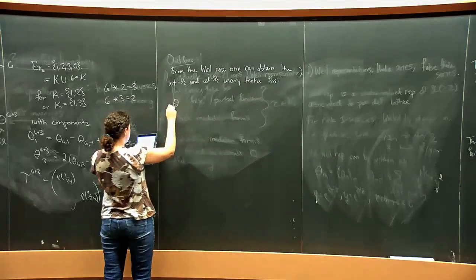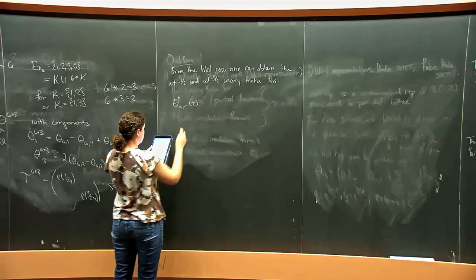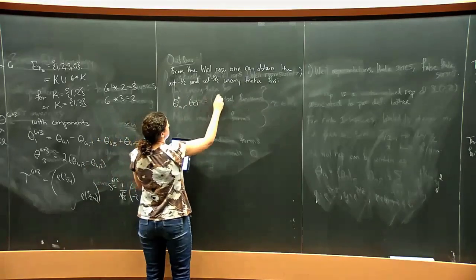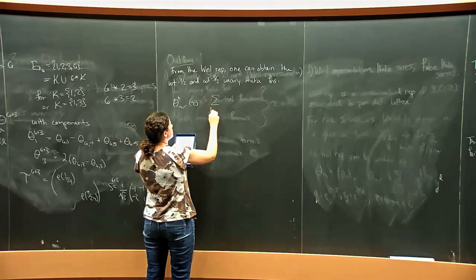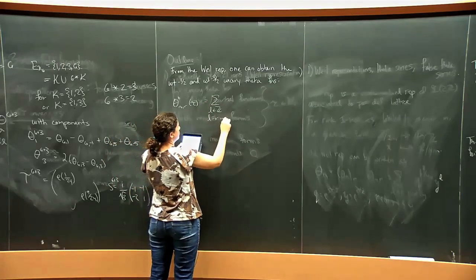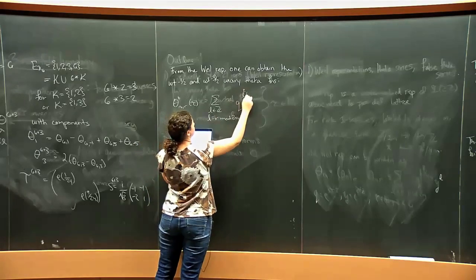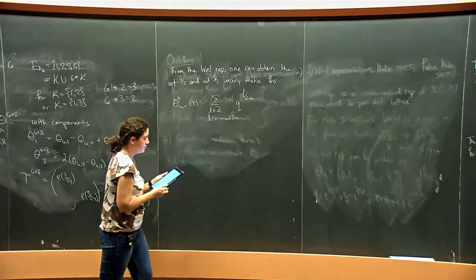So the weight 1/2 one, I'll call theta 0 mr of tau, which is the following sum. Now we've gotten rid of the y variable.